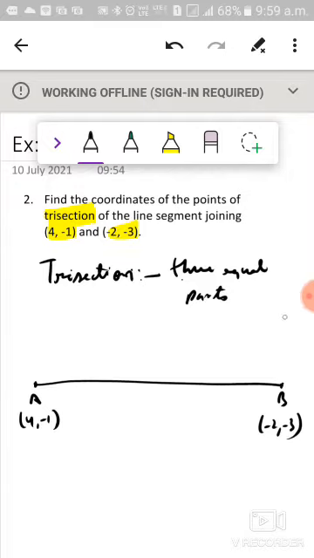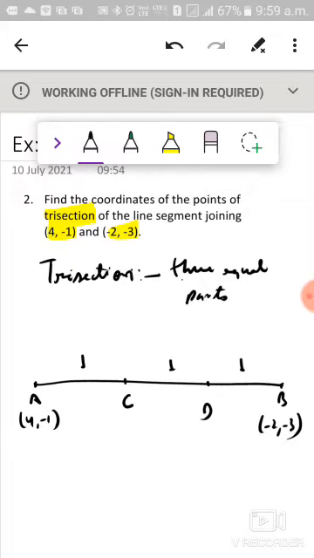For trisection of this line segment we need 2 points. Let us say one is here, C point, and one is here, D point. As we have discussed, trisection means three equal parts. So this is one part, this is one part, and this is one part.